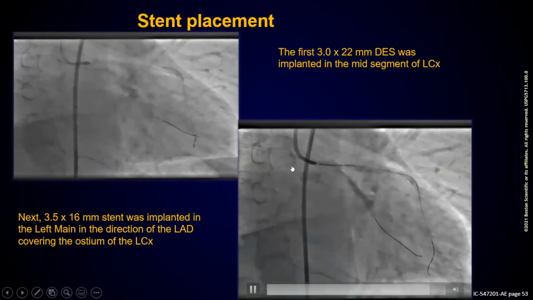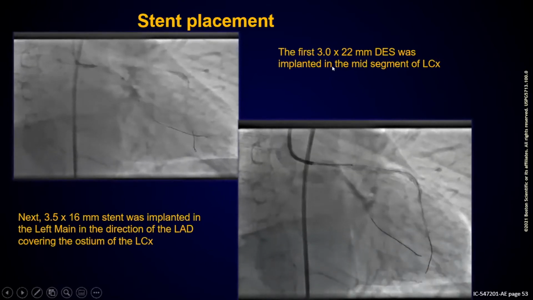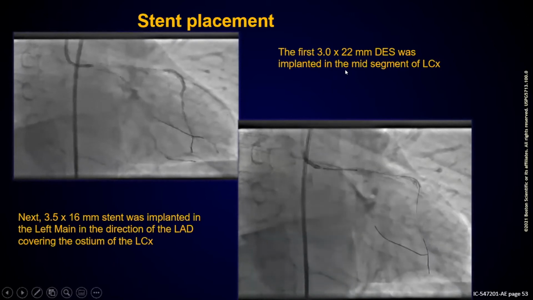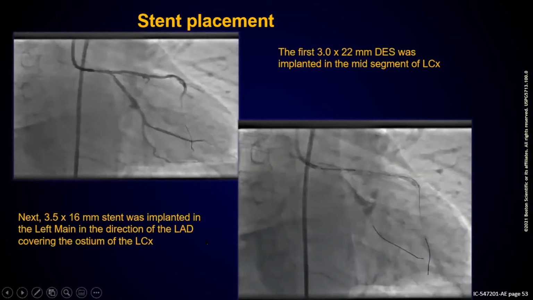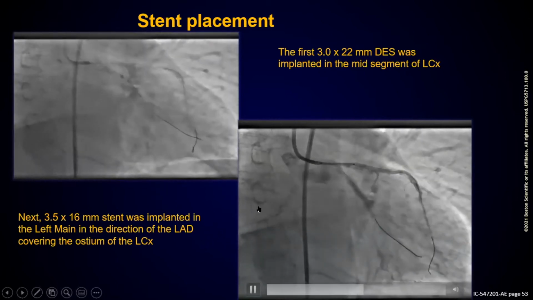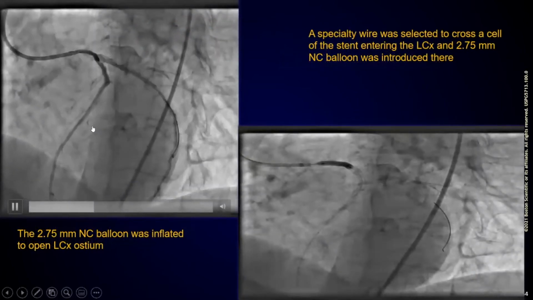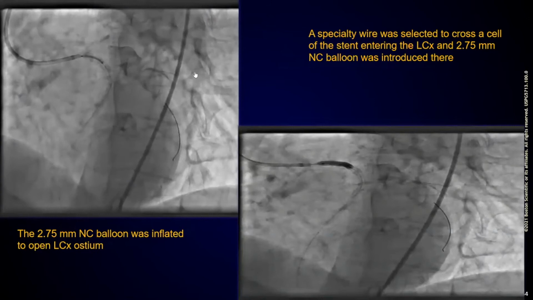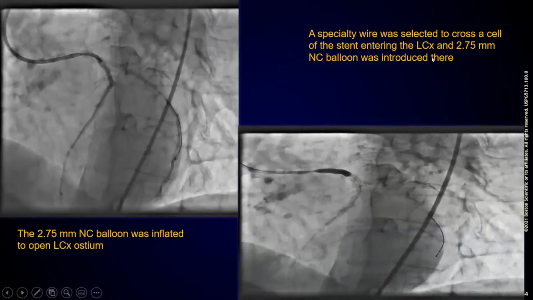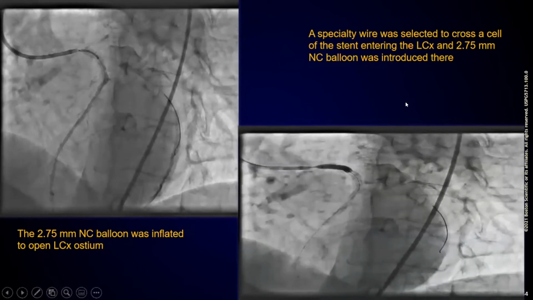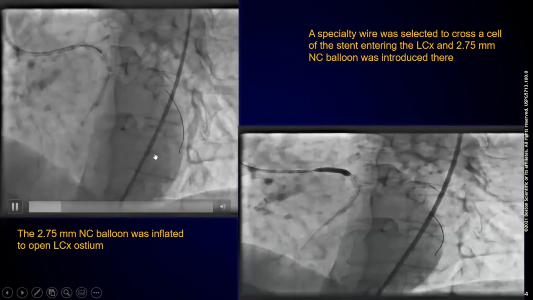And because the circumflex ostium and part of the distal left main had already been dealt with, with a 3.2 into 20 millimeter stent, we went across to the stent implantation in the left main. I'm conscious of the time. Then another wire was used to cross the circumflex, and a 2.75 millimeter NC balloon was introduced just to open the struts of the circumflex stent.